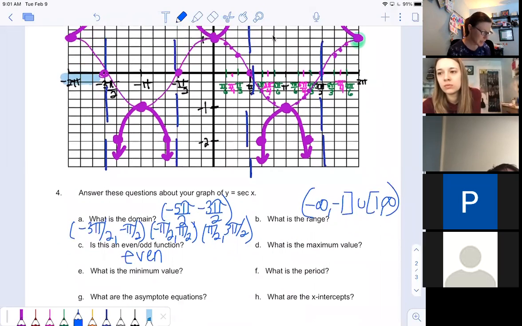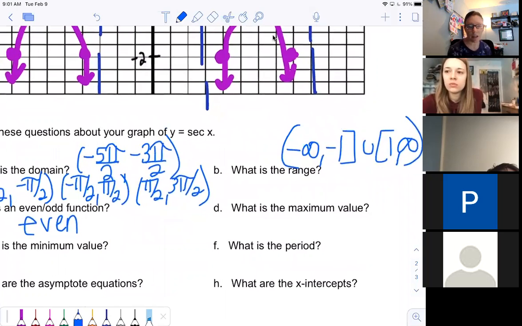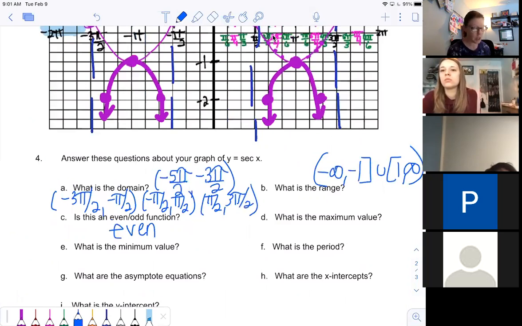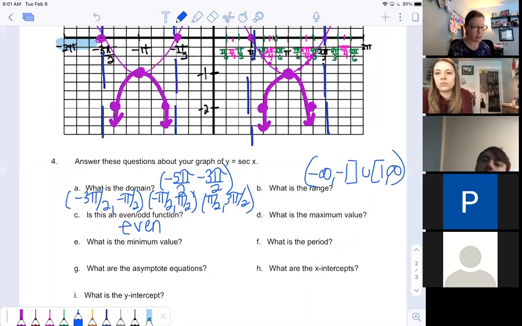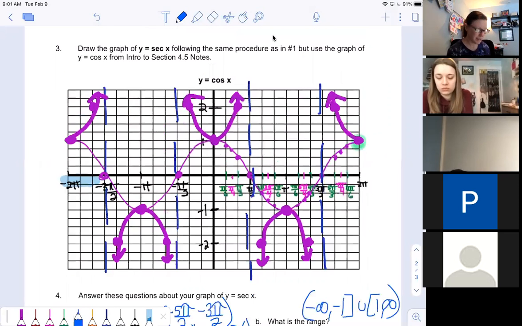And then D and E, it wants the max and the min value. Technically, the max would be infinity and the min would be -infinity. But if it said a relative max, the relative max would be at -1, and the relative min would be at +1. So I probably should have worded that question a little different.